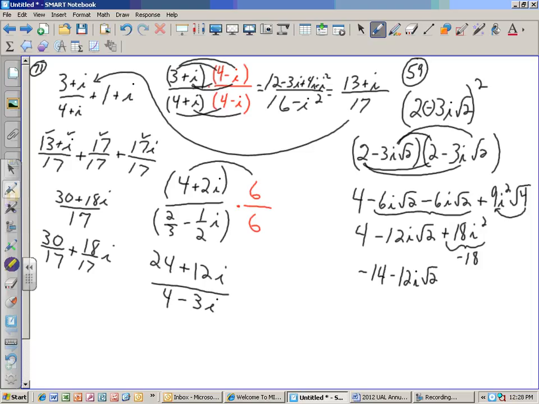Isn't that an easier problem to deal with? Because now I can just multiply top and bottom by the conjugate, which is 4 plus 3i. It makes this problem a lot easier than dealing with the fractions above. Okay, so we want to simplify that. Any questions? All right.